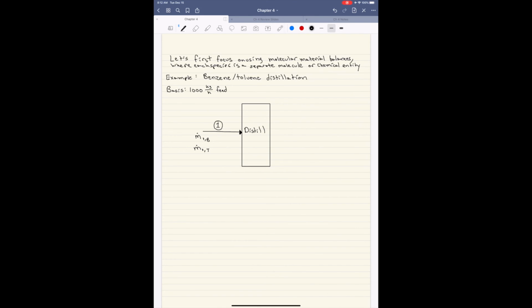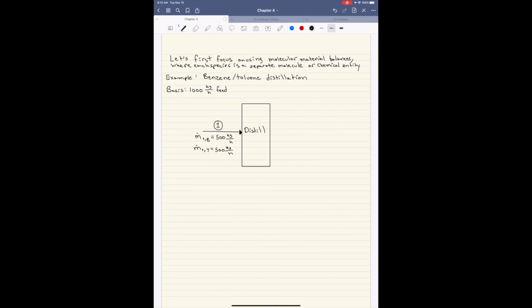So M1B here is the benzene flow rate in the feed, and we're going to say that it has a value of 500 kilograms per hour. For the toluene, its flow rate is also going to be 500 kilograms per hour. And so this is the feed stream going into the distillation column.